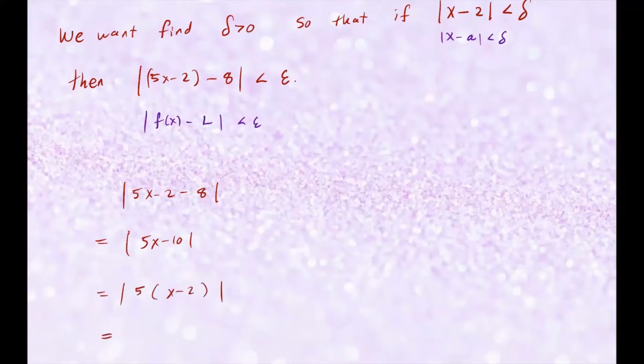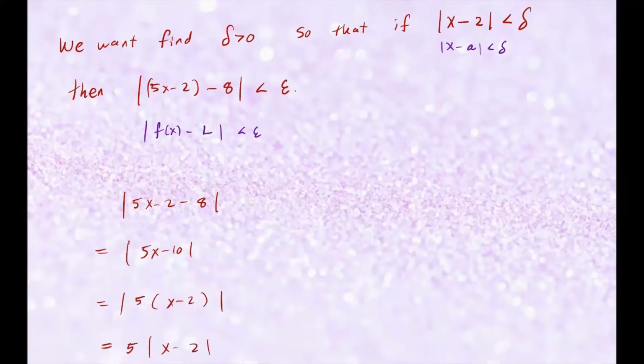Here I can pull the 5 out of the absolute value, and you get 5 times the absolute value of x minus 2. Notice that x minus 2 appears right here, and we know that's less than delta. So we know that this expression will somehow appear in our final statement.